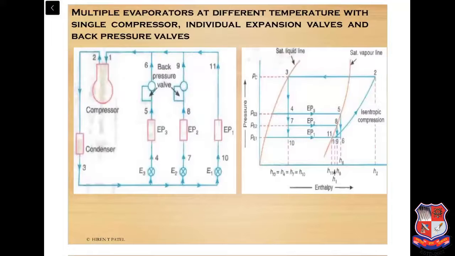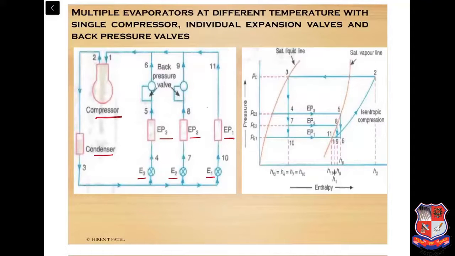Here we can see that there are 3 evaporators, and for those 3 evaporators individual expansion valves are provided, but the compressor and condenser are single. So in this arrangement there are 3 expansion valves with back pressure valve.